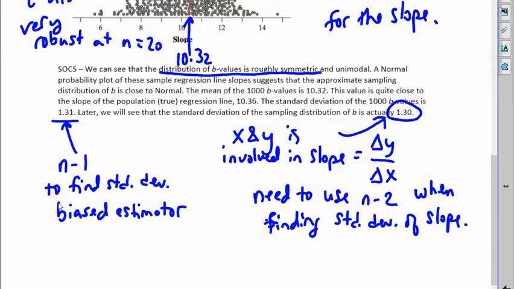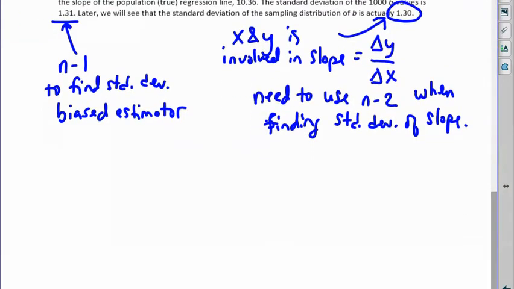That's what biased estimators do. But if we use n minus 2, we get an unbiased estimator, meaning that in repeated sampling, it's going to be centered around the true standard deviation of the slope. So that's why we use that, and we'll see that it's on the formula sheet. In about 3 pages, we'll look at those formulas.